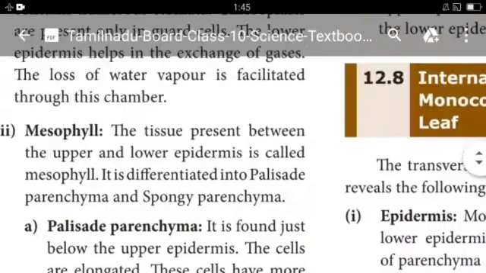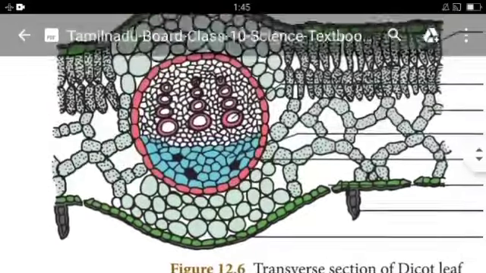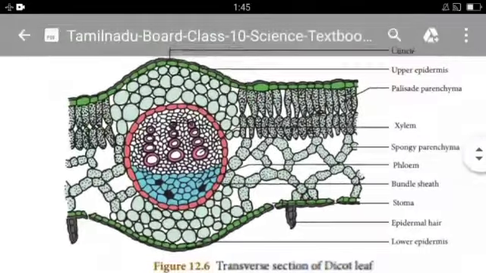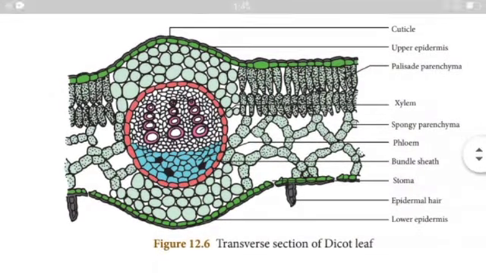That means this palisade parenchyma is present below the upper epidermis. These cells are elongated in shape, and there is no intercellular space between them. And in this palisade parenchyma they have more chloroplasts. Those chloroplasts are used for the photosynthesis process.